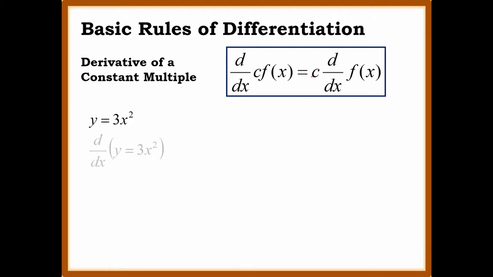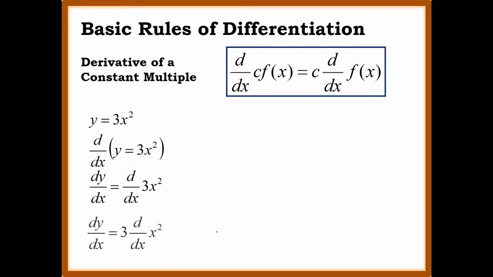Applying the derivative operator then to both sides, ang mangyayari, so you have this constant 3 at meron tayong x squared dito. Since we are multiplying a constant 3 to x squared, constant si 3, pwede natin siyang ilabas ng derivative operator.